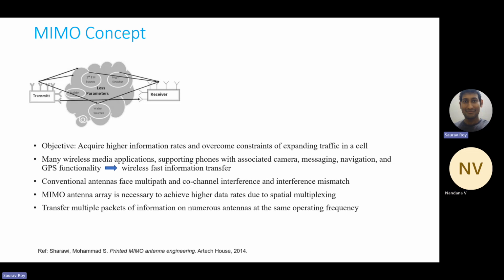That will lead to the multipath phenomenon as well as interference among the different paths. So there will be errors in the data, and the probability of bit error increases.